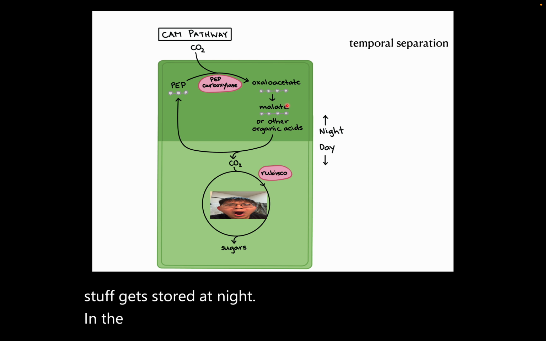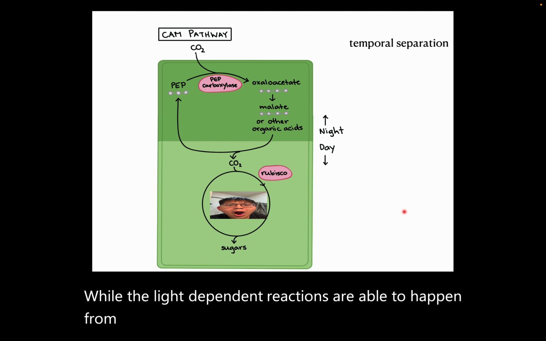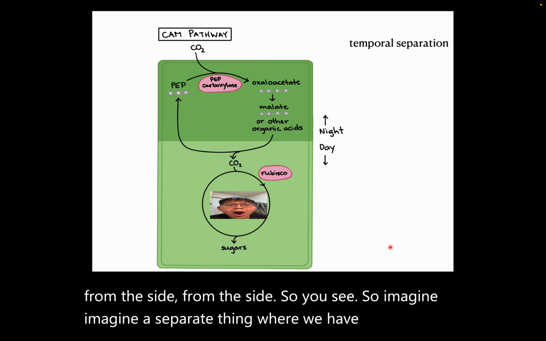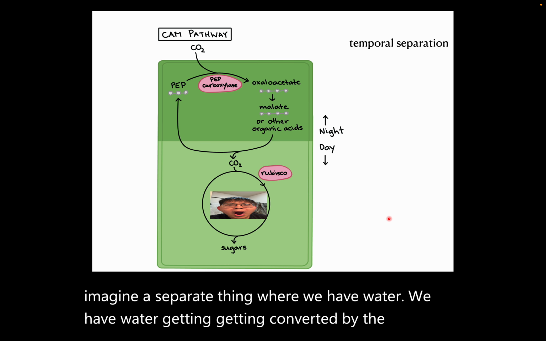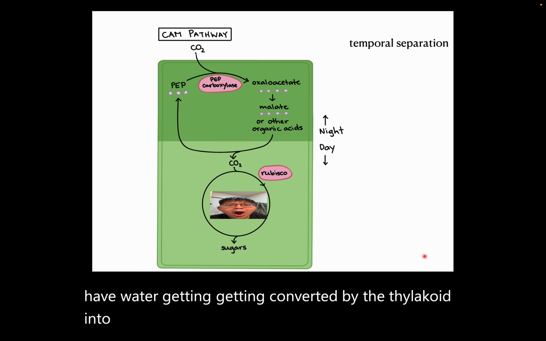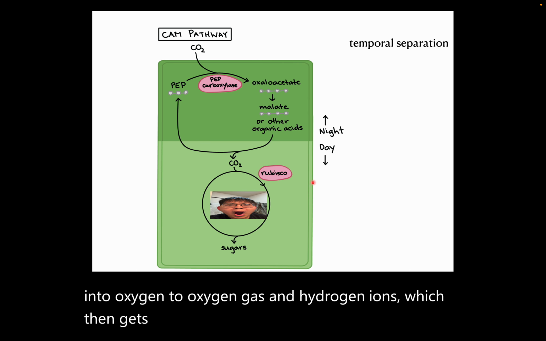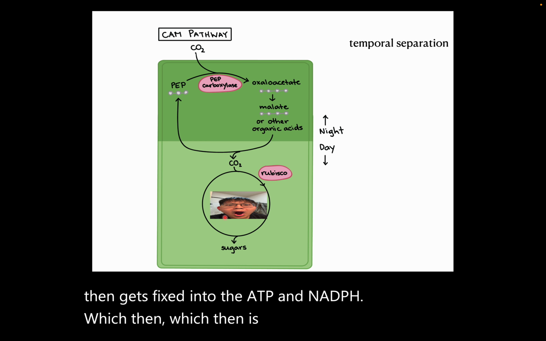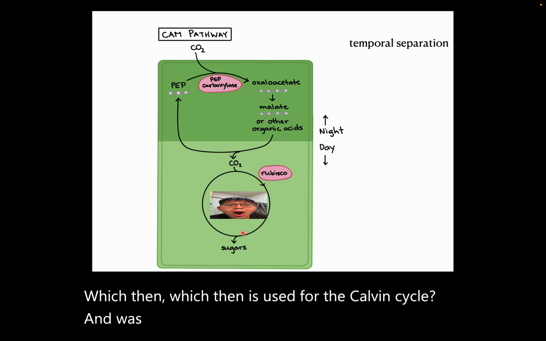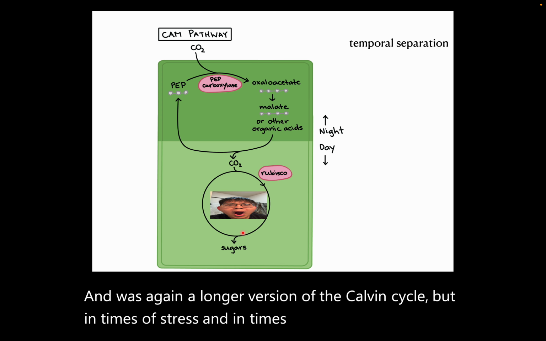In the daytime, the light-dependent reactions are able to happen from the side, so imagine a separate thing where we have water getting converted by the thylakoid into oxygen gas and hydrogen ions, which then get fixed into the ATP and NADPH, which then is used for the Calvin cycle, again a longer version of the Calvin cycle, but in times of stress and in times of change, that stuff becomes worth it in the long run.